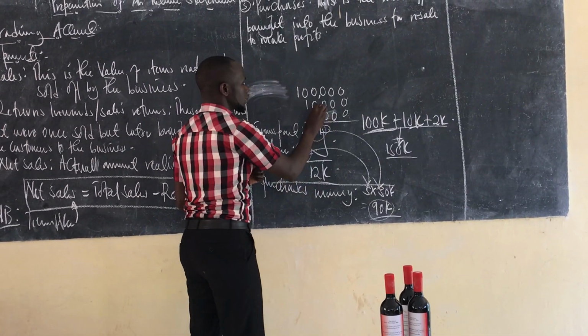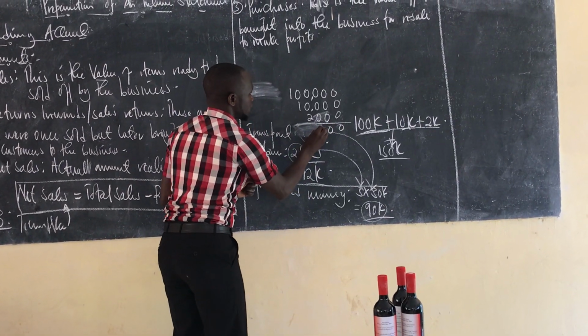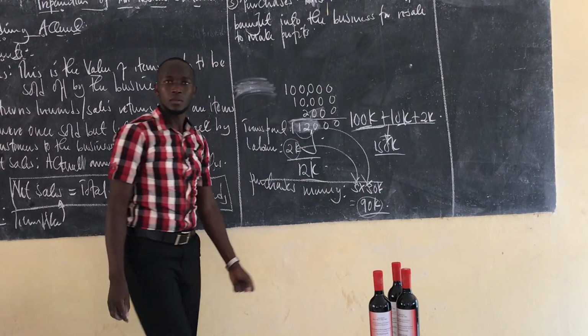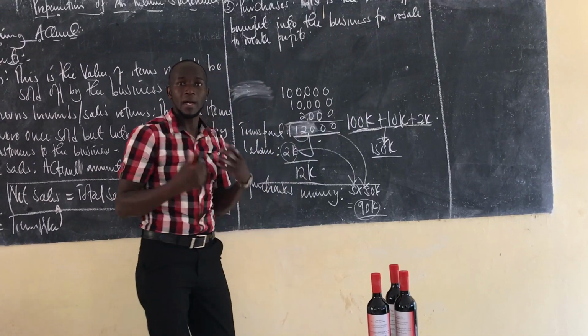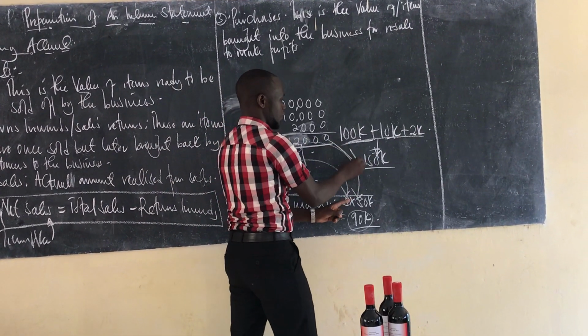So you have 112,000 with you, so you become very happy. Why? Because when you get this minus this, you will get a profit.